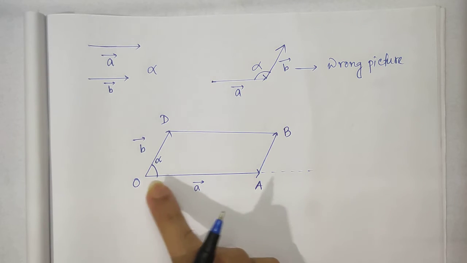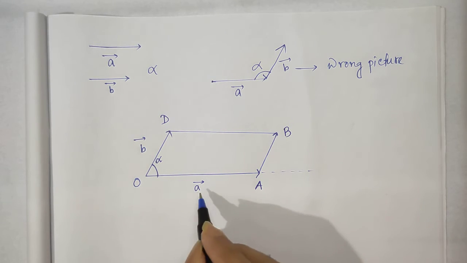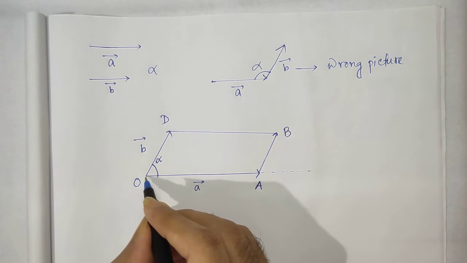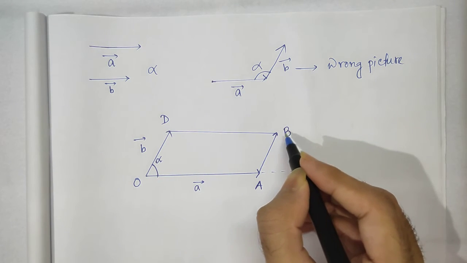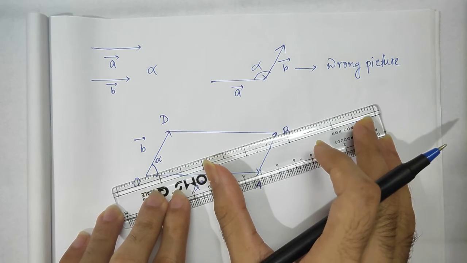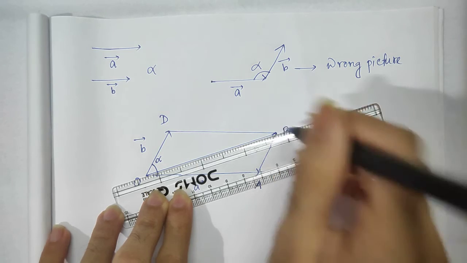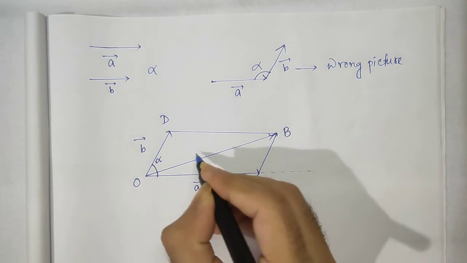Now we have drawn this figure. Now what will be the sum of the vector A and B? The sum of the vector A and B will be the line from the point O to the point capital B. So we are drawing this. Geometrically, this is the sum.